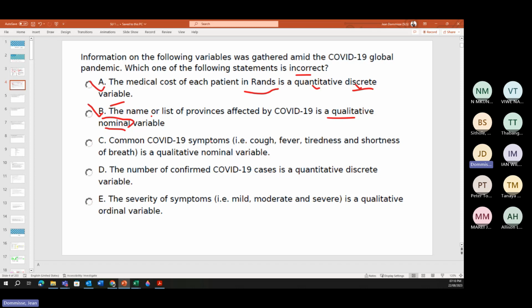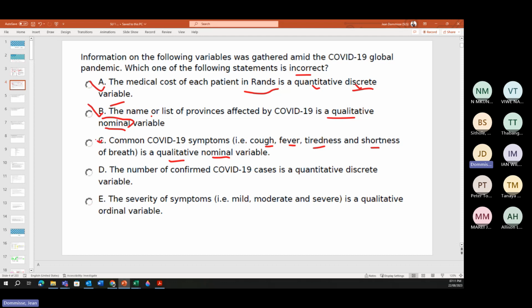Common COVID-19 symptoms was cough, fever, tiredness, shortness of breath. So let's look. It's qualitative, yes, because qualitative refers to all those kind of things. Again, it's nominal because there wasn't mention of most severe symptom or anything like that.